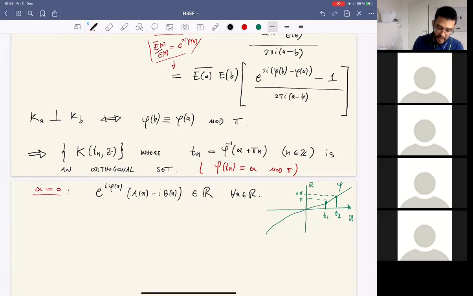So when alpha is 0, that means this guy here is congruent to 0 mod pi. Suppose that x is congruent to 0 mod pi. Therefore, this guy here would be plus or minus 1. So it would be real. So for this whole thing to be real, it means that B is 0.